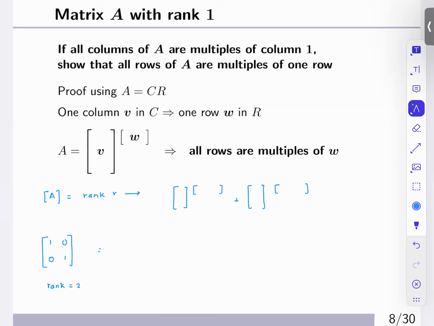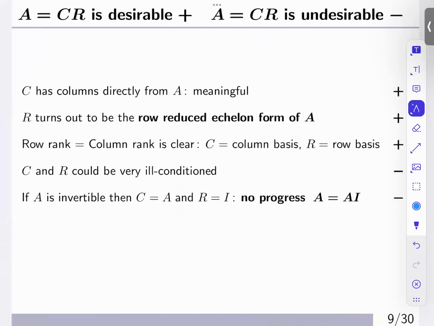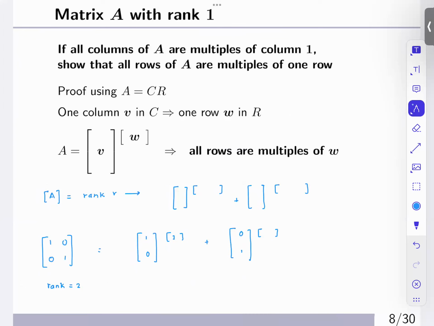This can be represented as the column 1, 0 times the row 1, 0, plus the column 0, 1 times the row 0, 1. Actually, I will write this like this.